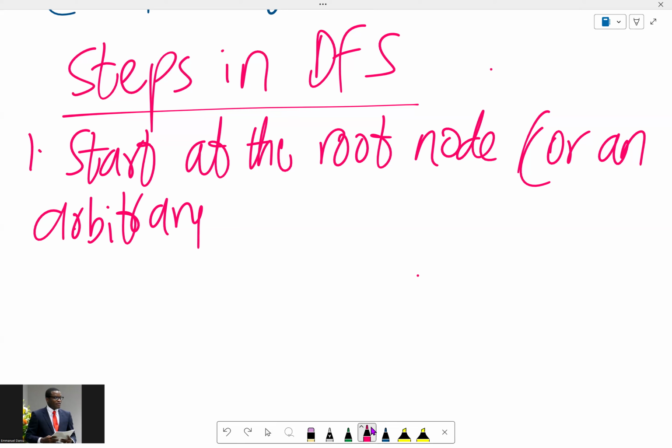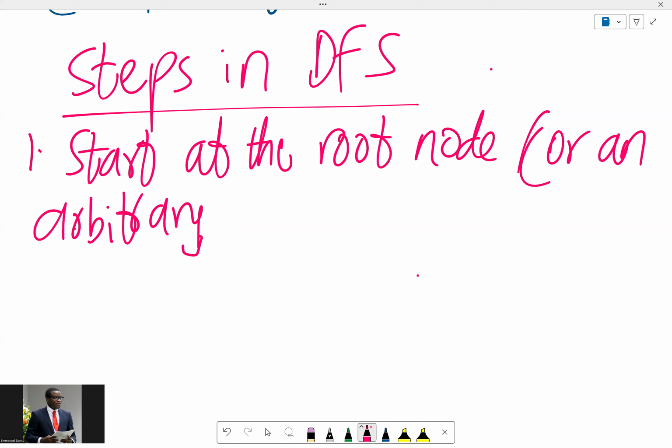Say you run a business and your home is your base. Maybe you supply cakes to all the houses in your community. So your home is going to be the root node. Apart from that, you can just pick any arbitrary node in the graph.